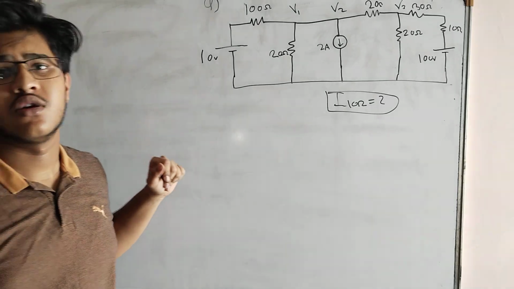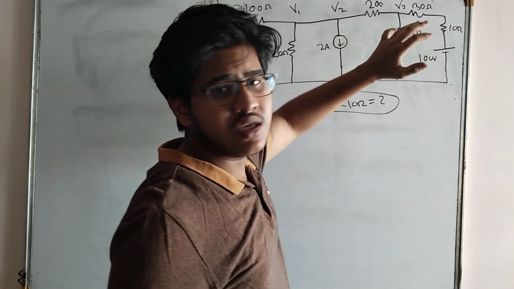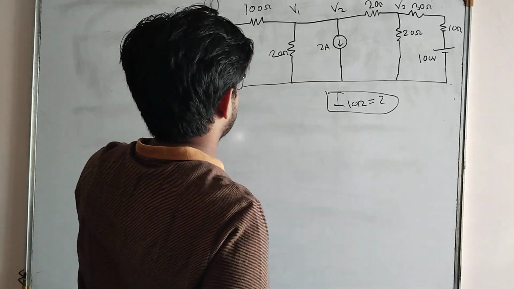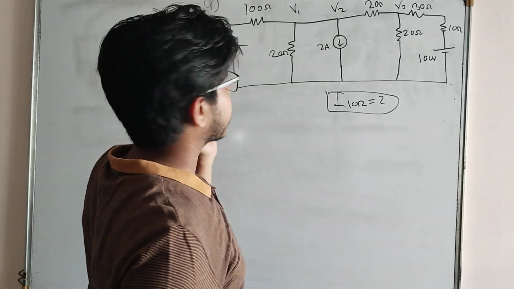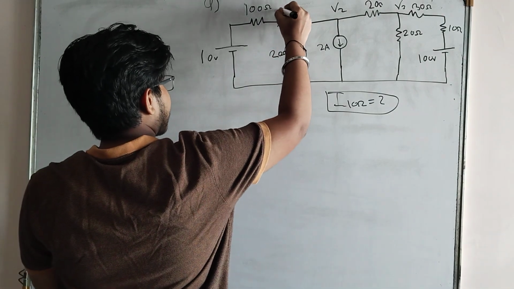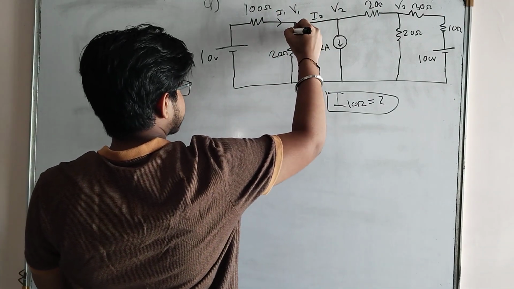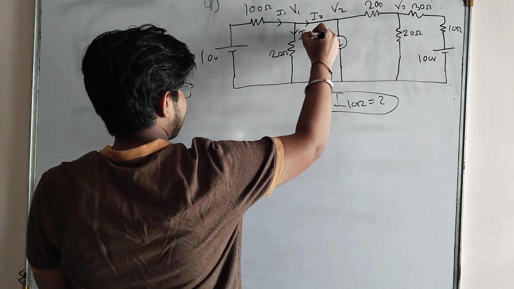Here we have 1, 2 and 3 nodes. So let's flow the current in this circuit. This is my I1, this is my I2, this is my I3.